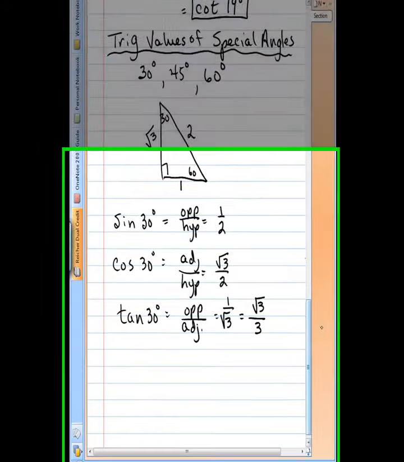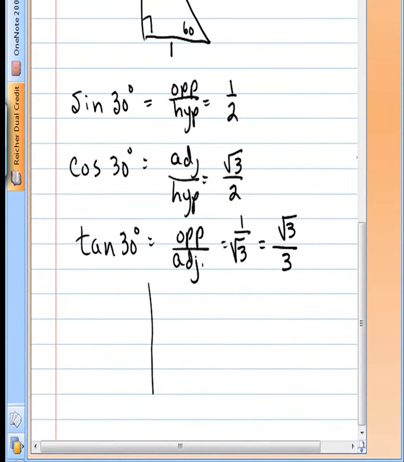The 45-45-90, same idea. We have 45 and 45, and so we would have 1, 1, and this one is the square root of 2.